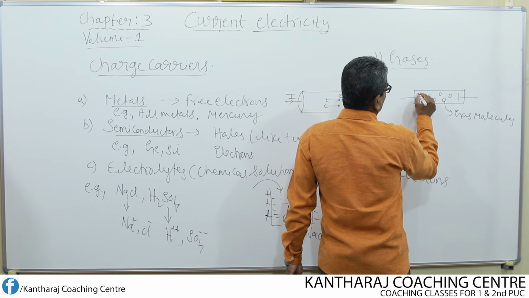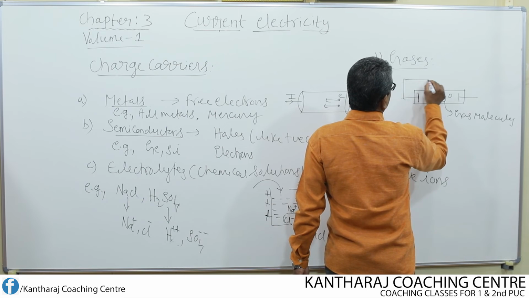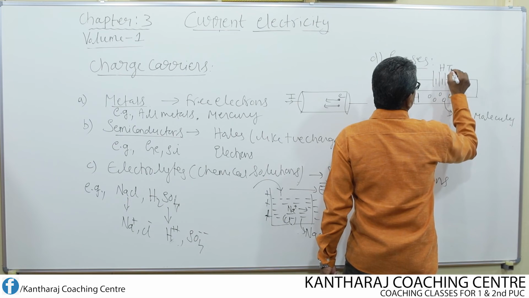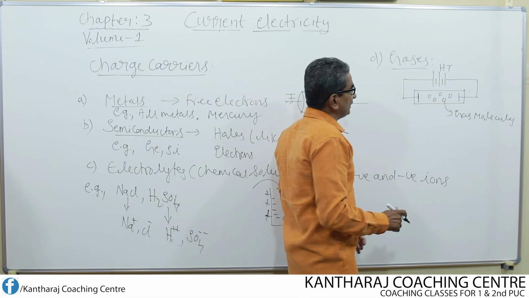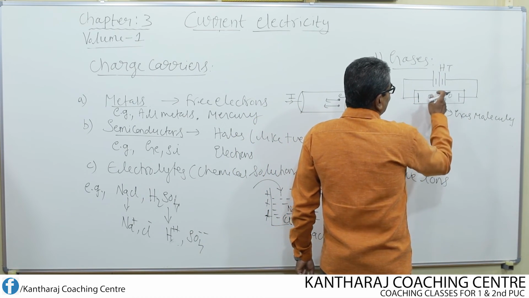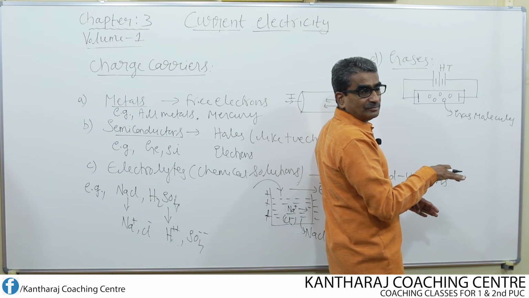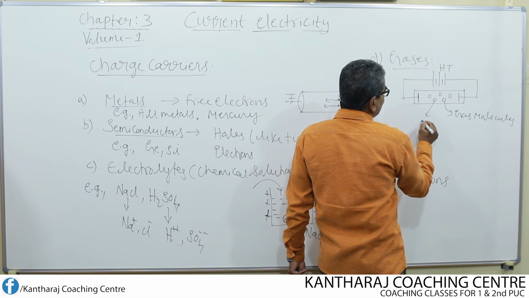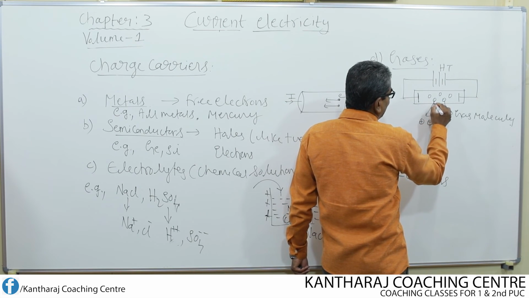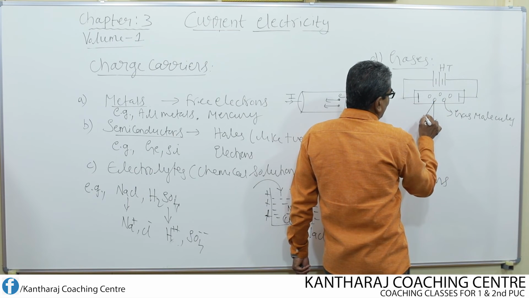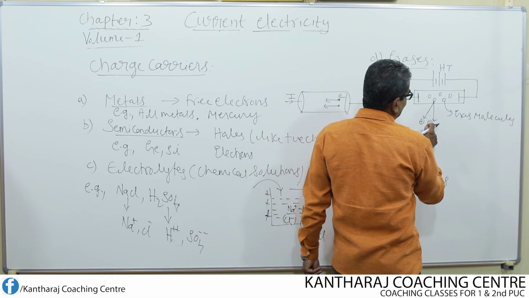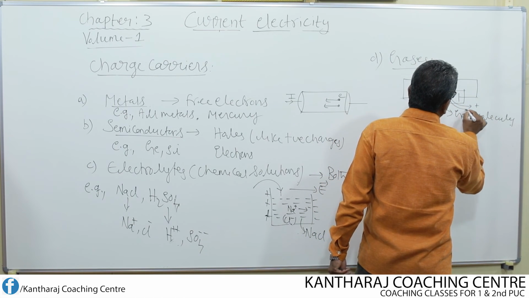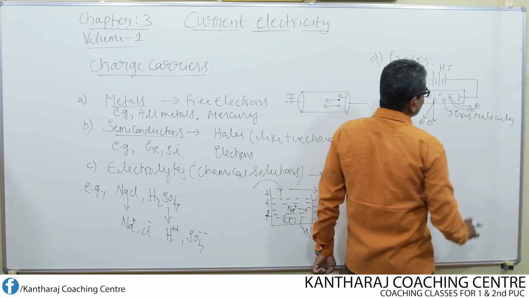These are the electrodes, positive and negative. Now suppose I apply a high potential HT, high tension, meaning high voltage or high potential difference. What happens is that if the pressure is low, then at high potential each molecule dissociates into positive and negative ions. Similarly, this molecule will also dissociate into positive and negative ions.